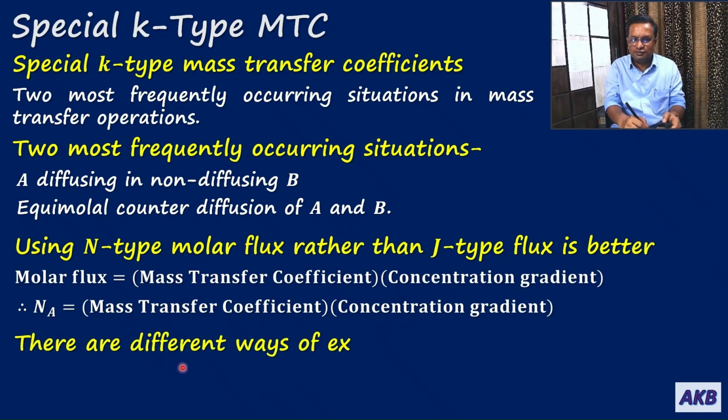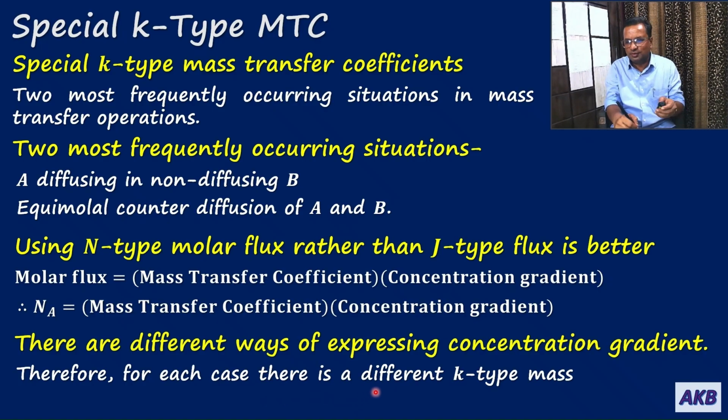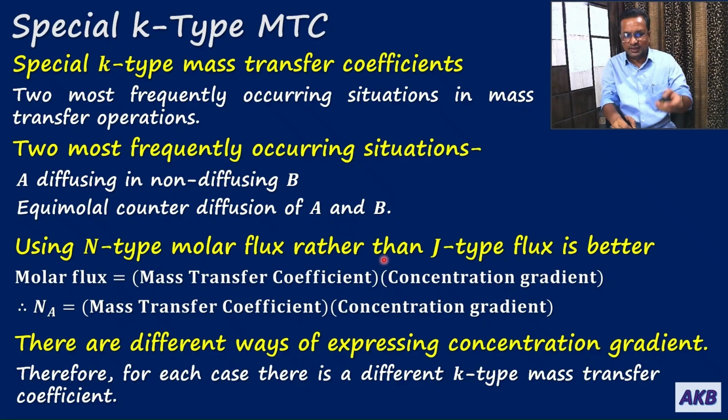And since there are different ways of expressing concentration gradients, for each case there is a different K-type mass transfer coefficient. The concentration gradient could be molar concentration difference, mole fraction difference, or partial pressure difference. So for each case, you have a different K-type mass transfer coefficient. I have discussed this in detail in my previous video. Please watch it if you have not yet seen it. Let us move ahead.